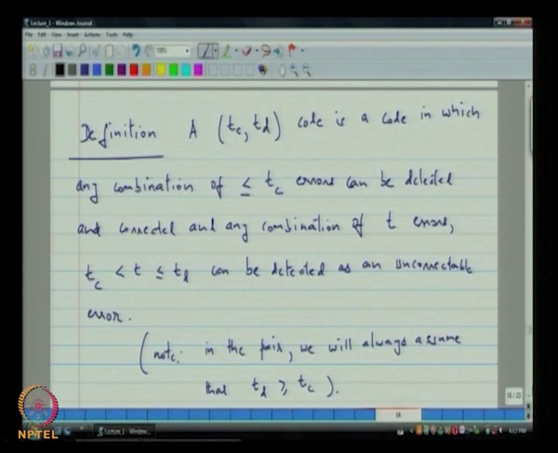And in this pair we will always assume that T sub D is greater than or equal to T sub C. So, while the second parameter T sub D can be the same as the first, in general it is larger.